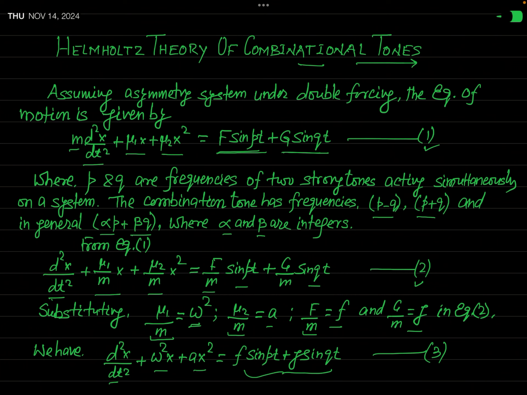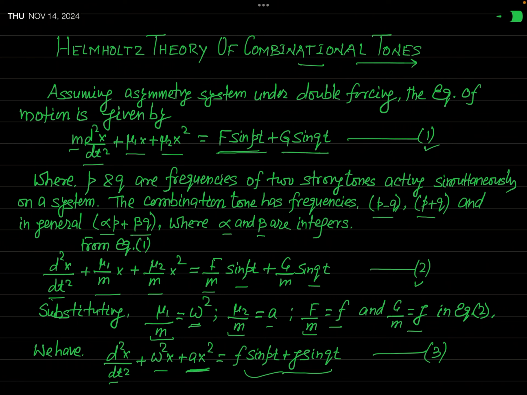For this you can see this term introduces the non-linear nature of this equation. So if you talk about small oscillation, then the term containing x square will be negligibly small.